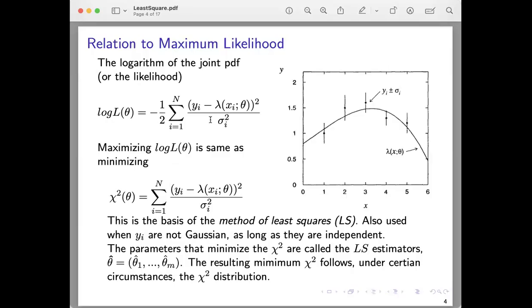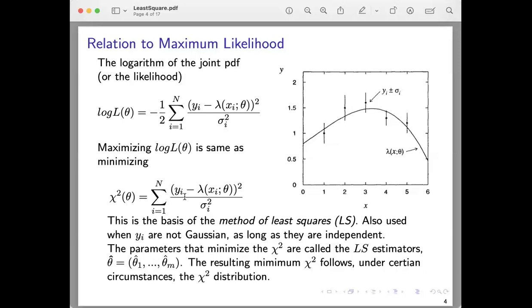You can see this in this picture: if you have these points, where the yi's are drawn from a Gaussian PDF with mean lambda i, and the sigma of each of these errors is known, then the function lambda, which depends on the parameter theta given xi, is given by this function, and you fit this function to these points by minimizing this chi-square. So this is the basis for least squares.